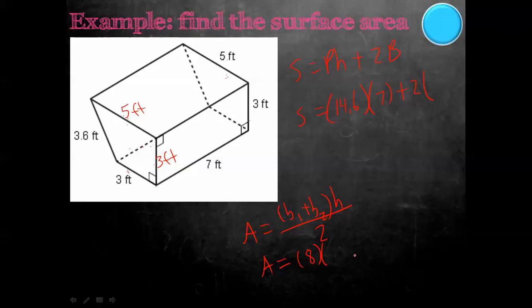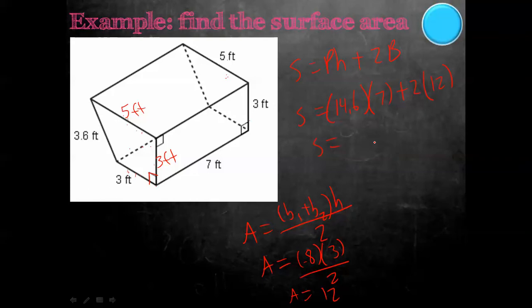The height of the trapezoid is 3, because if we look here, the line has a right angle. So we know that's the line that connects these two bases. So we have 3, and we're going to divide that by 2. 8 times 3 is 24. 24 divided by 2 is 12. We're going to take 2 times 12.